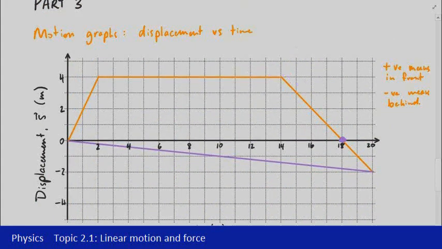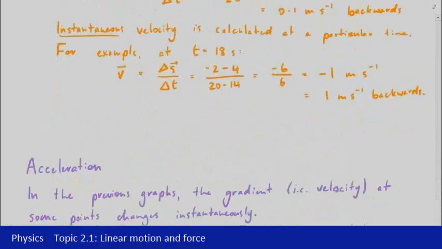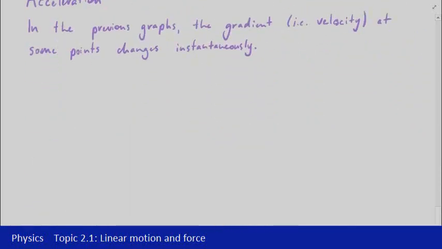Now in reality that doesn't happen. So that change usually will occur over a period of time. So change in velocity will occur over a period of time rather than being an instantaneous change.